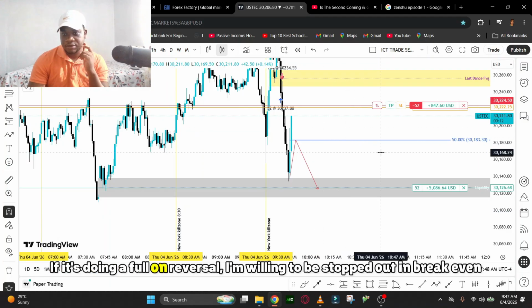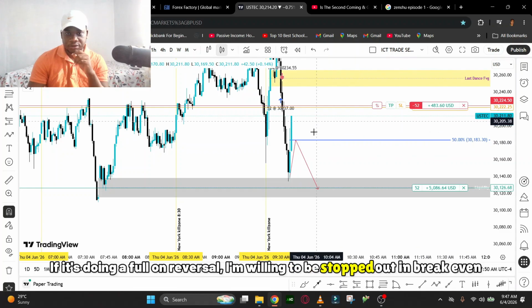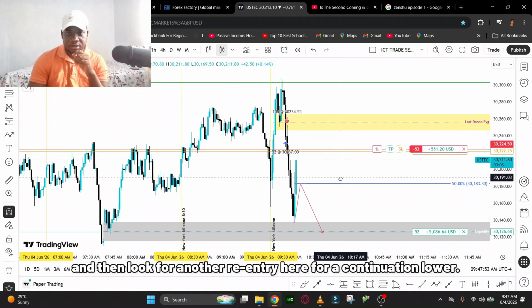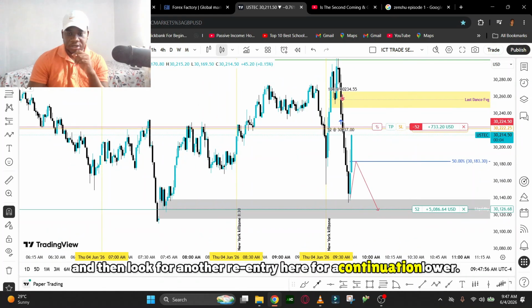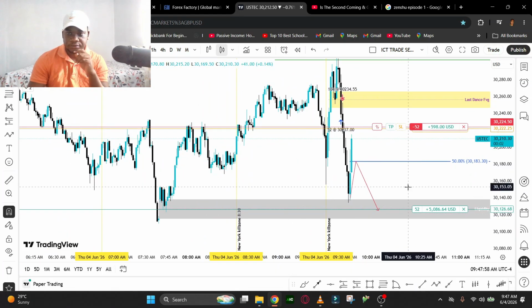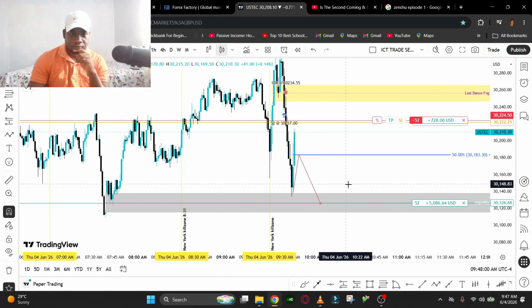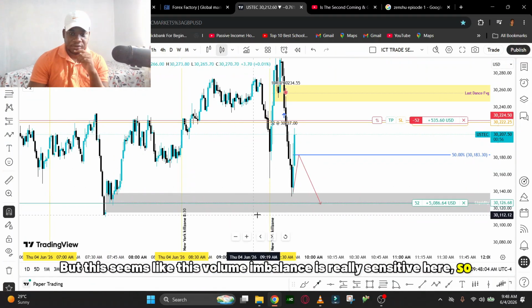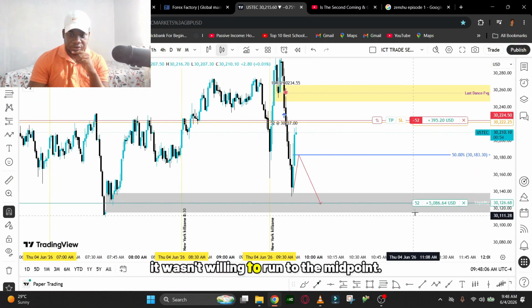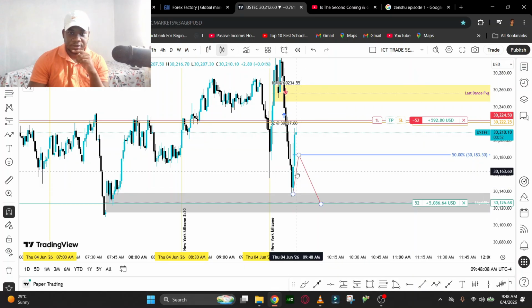If it's doing a full-on reversal, I'm willing to be stopped out at break even and then look for another re-entry here for a continuation lower. But it seems that this volume imbalance is really sensitive here, so it wasn't willing to run to the midpoint.